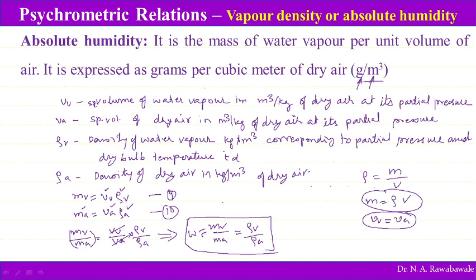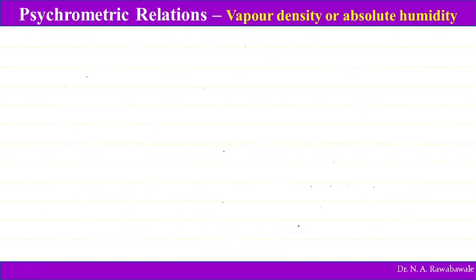So this omega is humidity ratio. So then from this what we can write is, omega is equal to rho v divided by rho a, or this can be written as rho v is equal to omega into rho a. This can be written in this way.